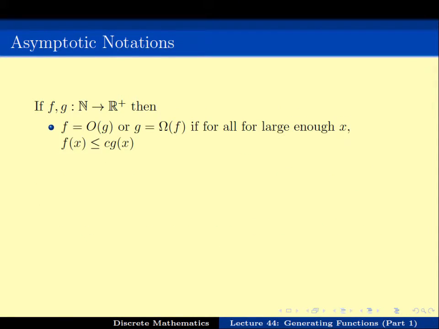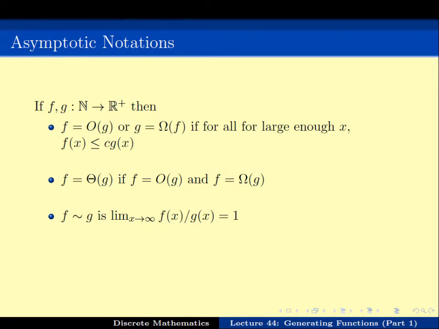So we have seen the notations of big O, big omega, theta, small o and small omega. And this particular way of comparing functions is not only useful for solving recurrence relations, but is also used for other things.